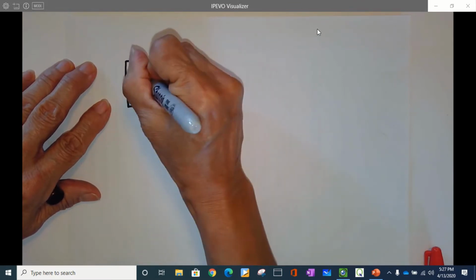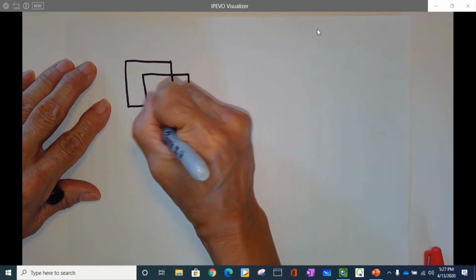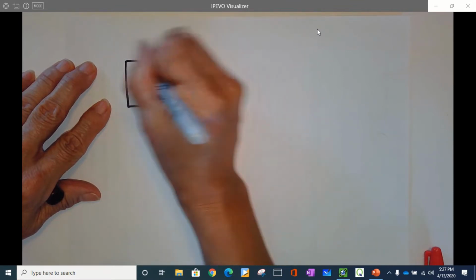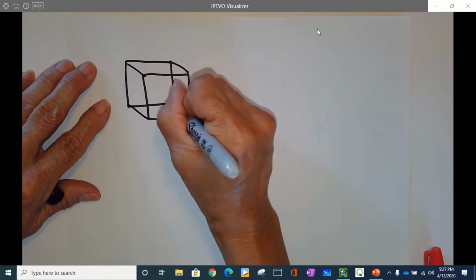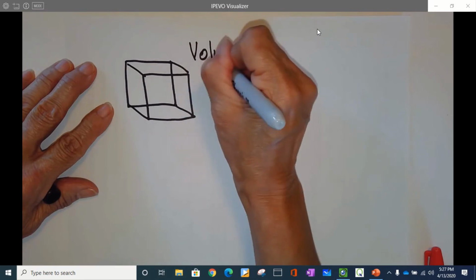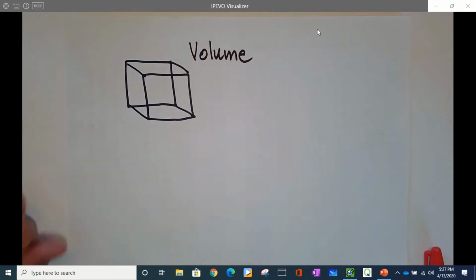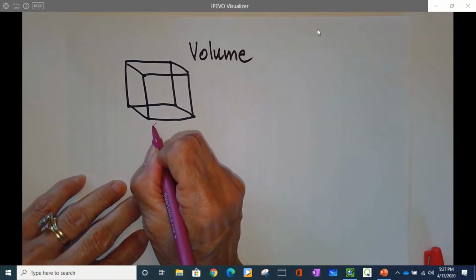And remember that volume is everything that's inside of the box. Surface area is everything that's on the outside. In this case, this is volume. Okay, so I'm going to label each thing here on my box.